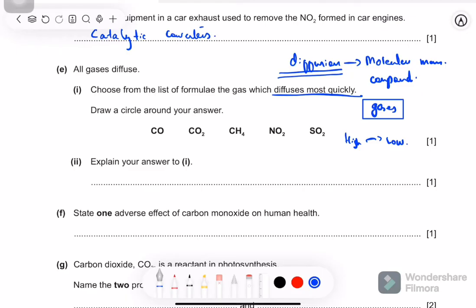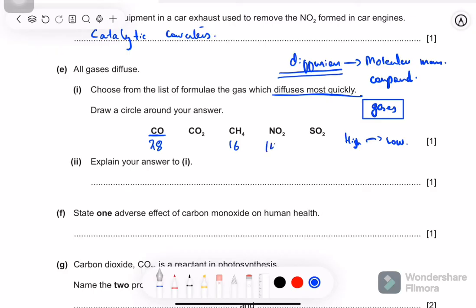So we just have to calculate the MR of all the gases and then circle the one which has the lowest MR. So CO means 12 plus 16, which is 28. CO2, we don't even need to calculate, because we already know if this is CO, this has 2 oxygens, so this will have a higher molecular mass than CO, so we reject this straight away. Now CH4, 12 plus 4, 16.